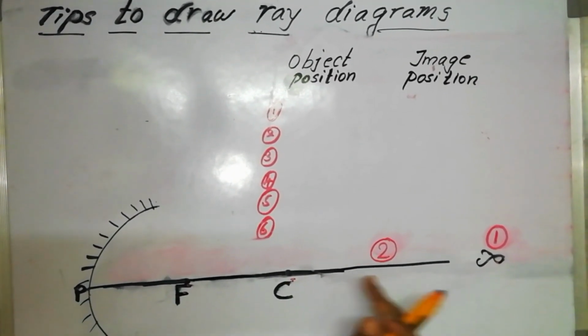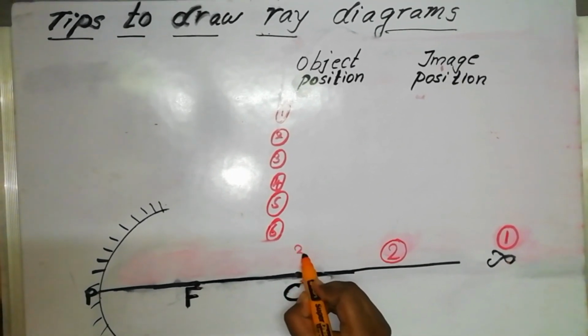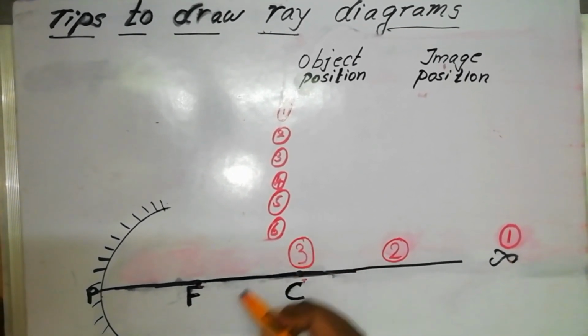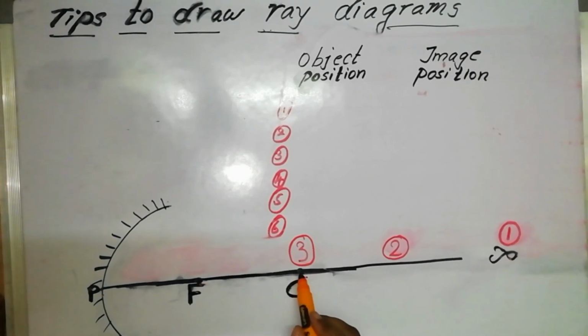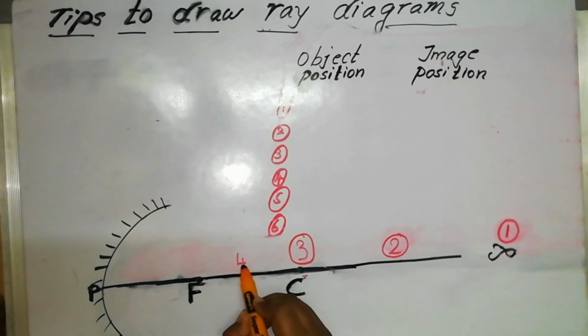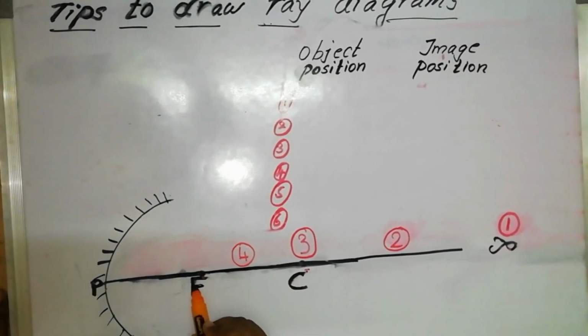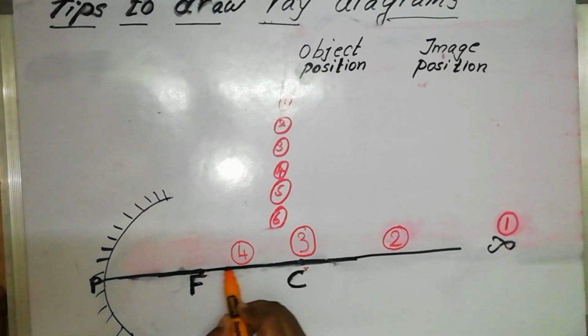Now let's move towards the pole again. The third position we get at center of curvature. Now we will move towards the pole again. Here we get our fourth position, that is between center of curvature and focal point. Again we will move towards the pole.